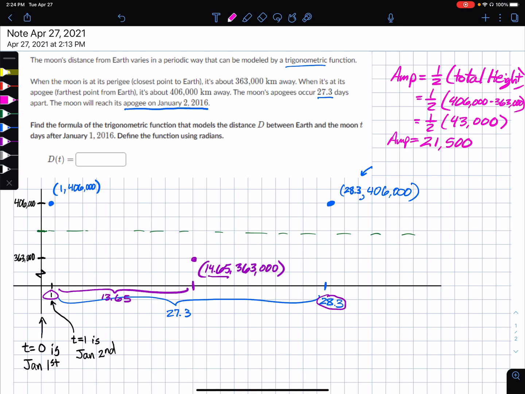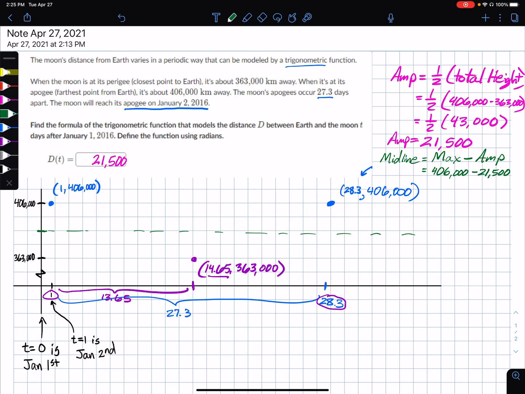Okay. So we could start writing out our trig function because we know the amplitude is going to be 21,500. These are kilometers. But we were doing this to figure out midline. So remember, midline can be calculated as maximum minus amplitude. So maximum here was the 406,000, and the amplitude we just found, 21,500.